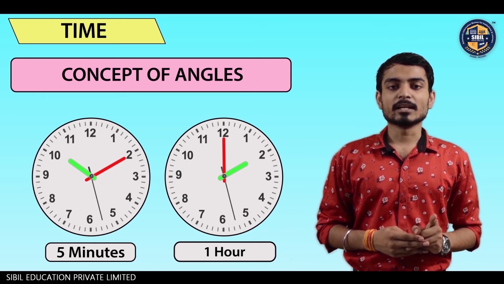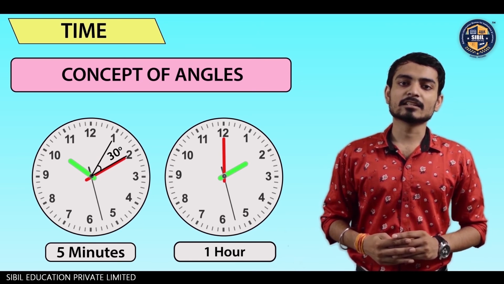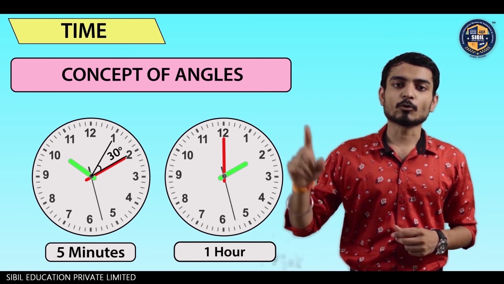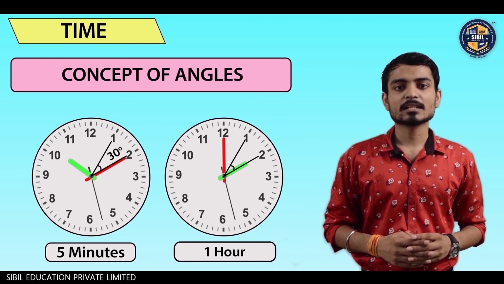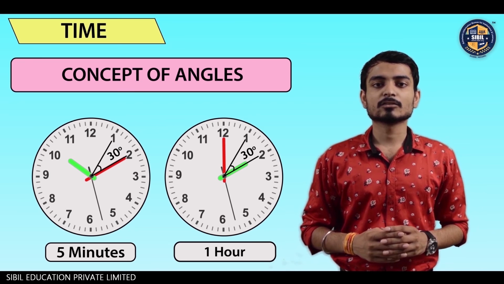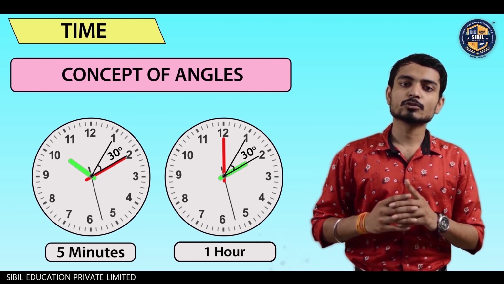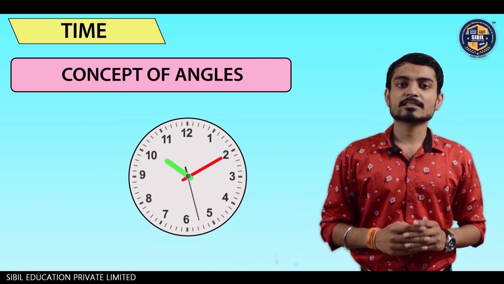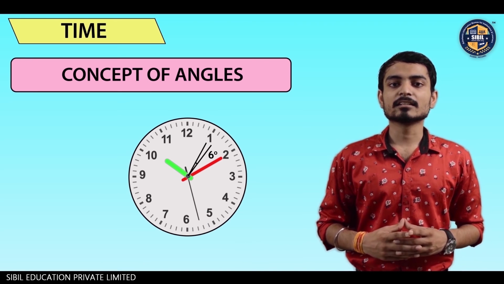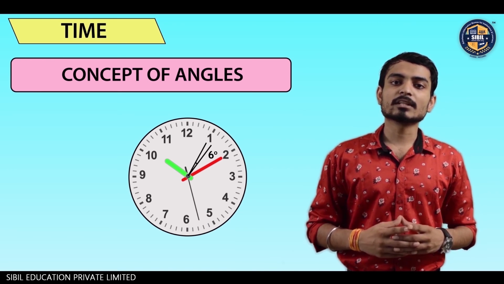The minute hand makes a 30-degree angle shifting from point 1 to 2, and the hour hand makes a 30-degree angle from point 1 to 2 in 1 hour, and there is a 6-degree angle between 1 minute.